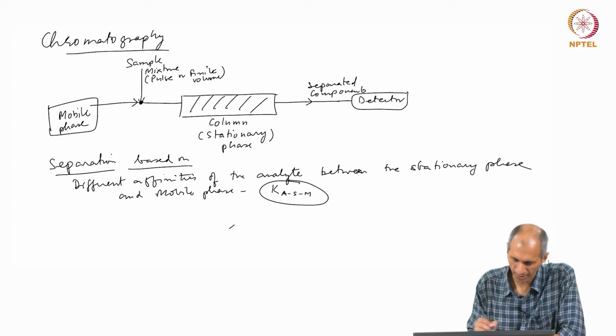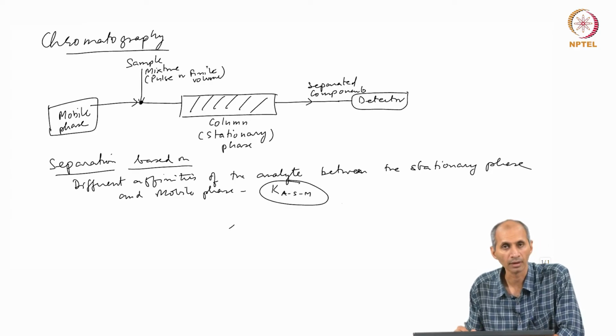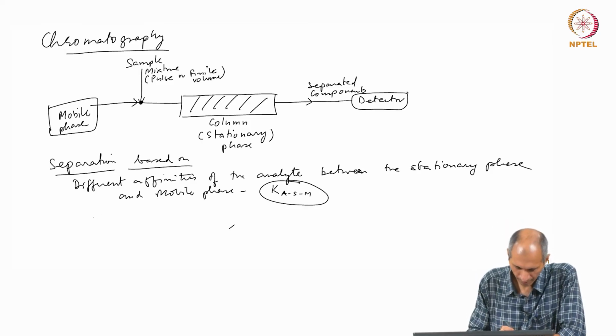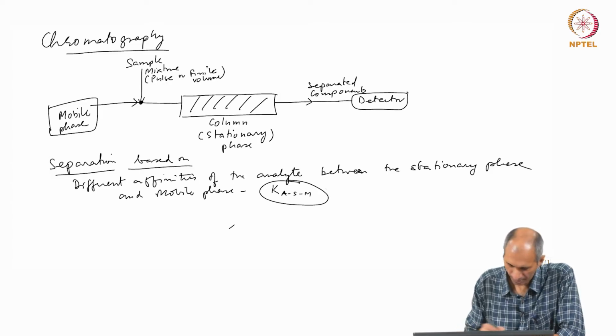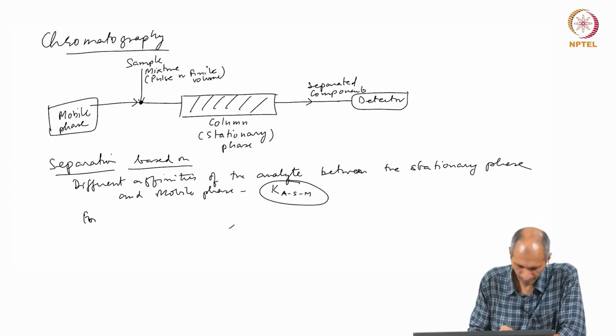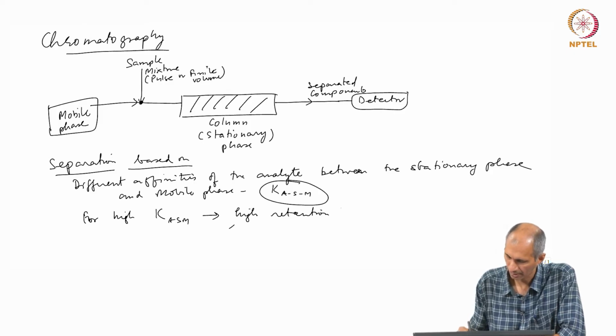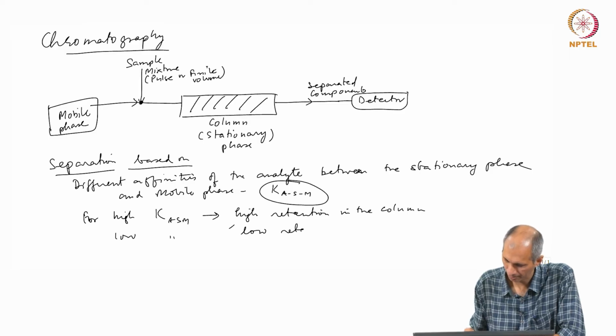The extent of the separation depends on this. Just to give you an example, for high K, this is high retention in the column, and low K means low retention in the column.